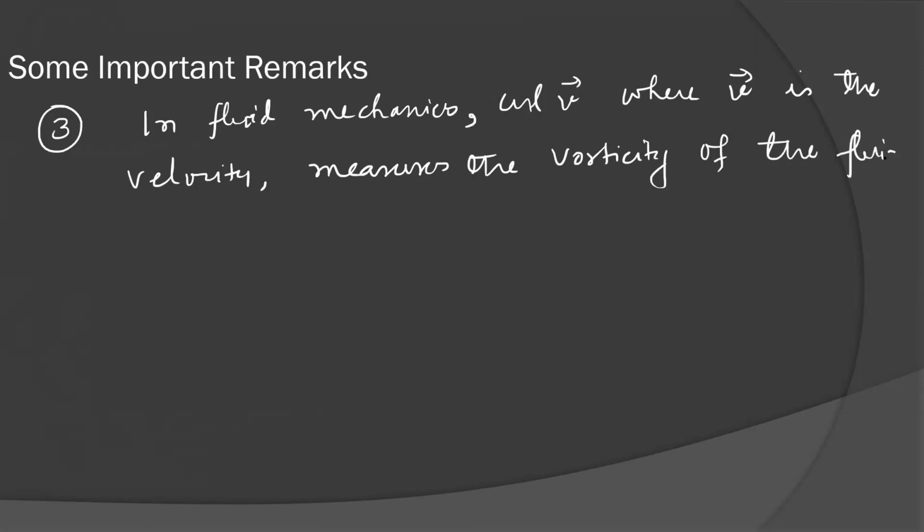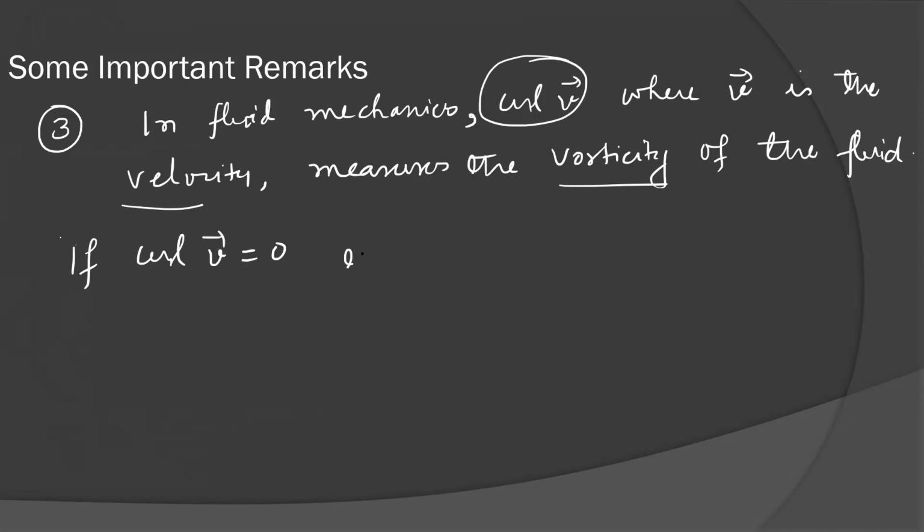If V is the velocity of the fluid, then curl V represents the vorticity of the fluid. And if curl V equal to 0, then V is said to be irrotational field.